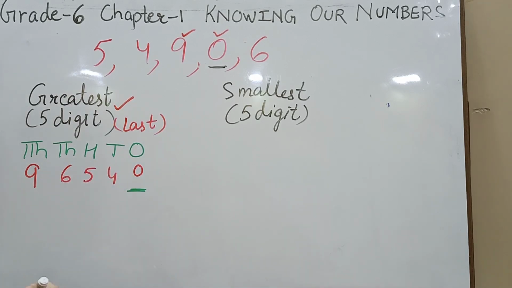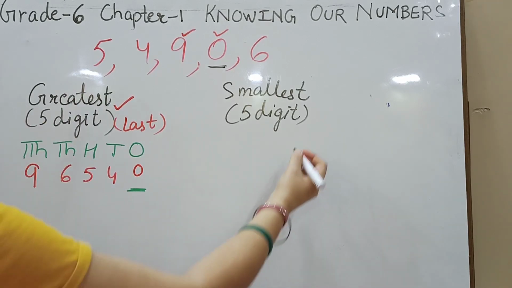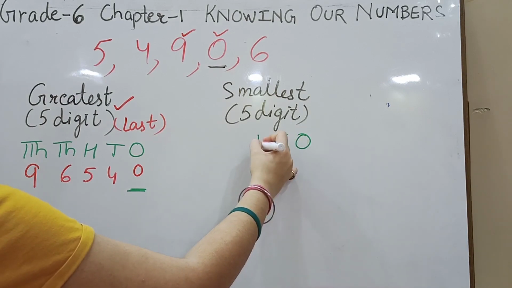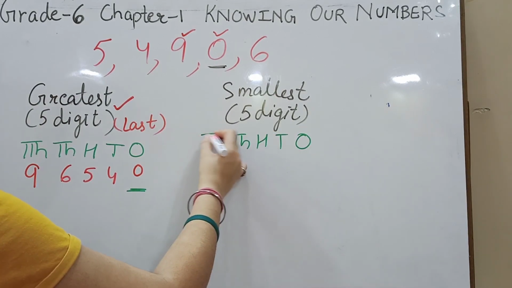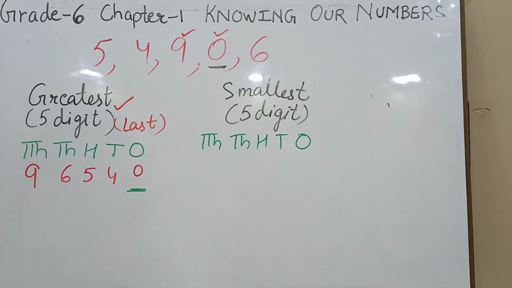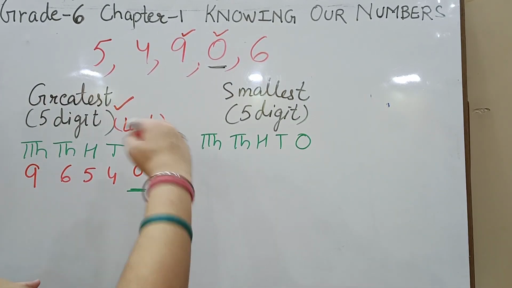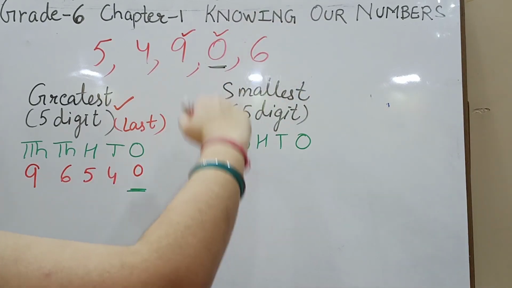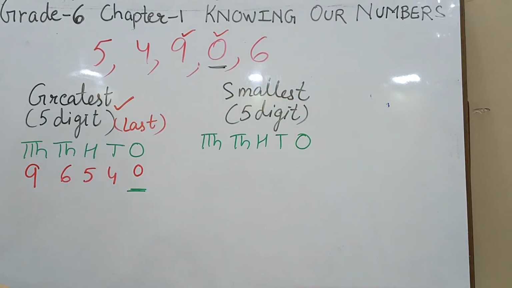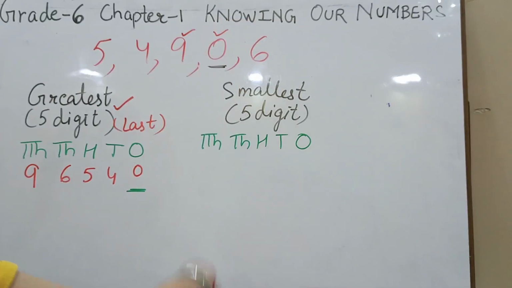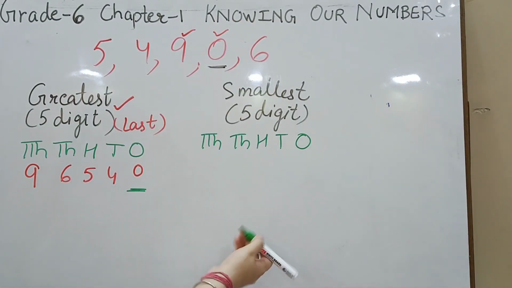Now let us talk about the smallest one. If I tell you 1s, 10s, 100, 1000 and 10,000, by the logic, in the smallest number we need to follow ascending order, that means from small to big. So by the order we should see which is the smallest one.